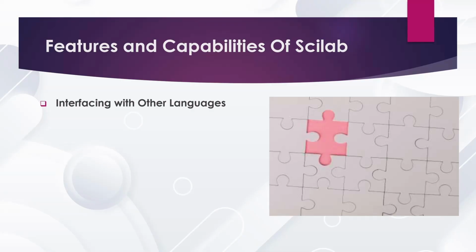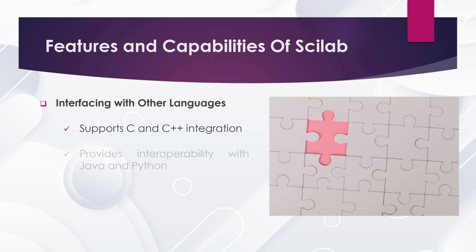One of the notable features of Scilab is its ability to interface with other languages. Scilab offers seamless integration with multiple programming languages, making it a highly versatile tool for interdisciplinary projects. It supports C and C++ integration, allowing users to call C++ functions directly from Scilab for performance-intensive tasks.